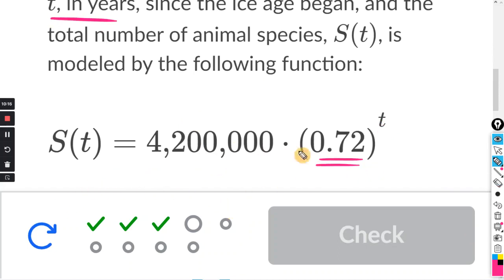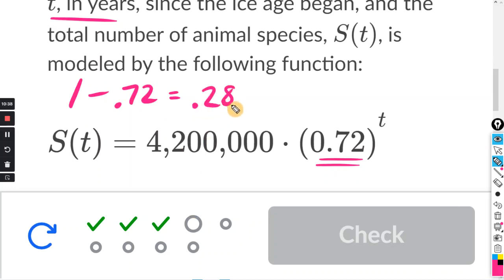Okay, so this is less than 1. It's going to decrease each time t increments by 1. If you keep multiplying by a number less than 1, it's going to keep decreasing. So we have 1, which is 100%, minus 0.72, and that's going to be 0.28.